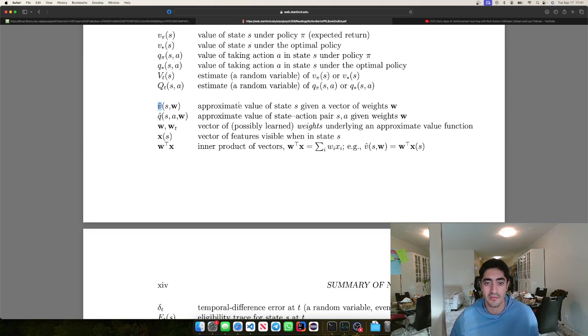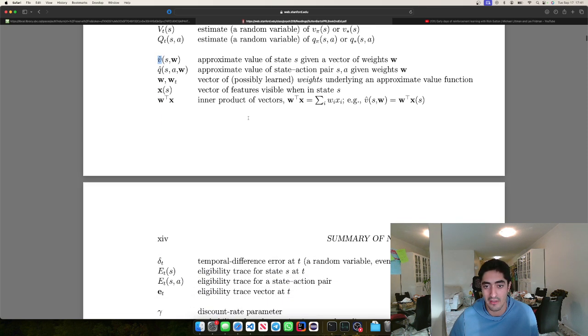v hat, approximate value of a state s given a vector of weights w. q hat, approximate value of a state-action pair s, a given weights w. w, vector of possibly learned weights underlying an approximate value function. x(s), vector of features visible when in state s. The inner product of vector w transpose x, there's that.